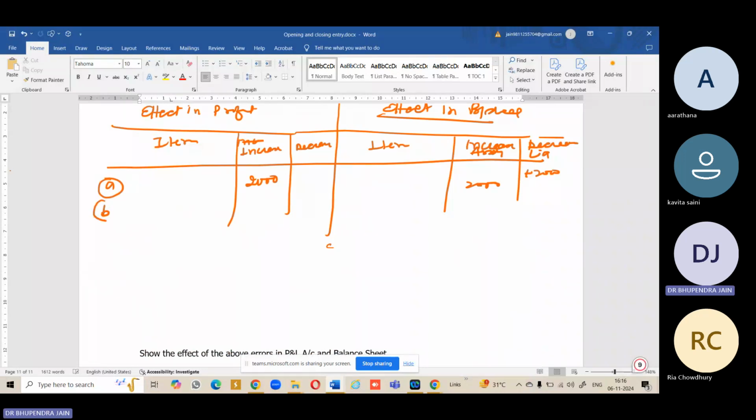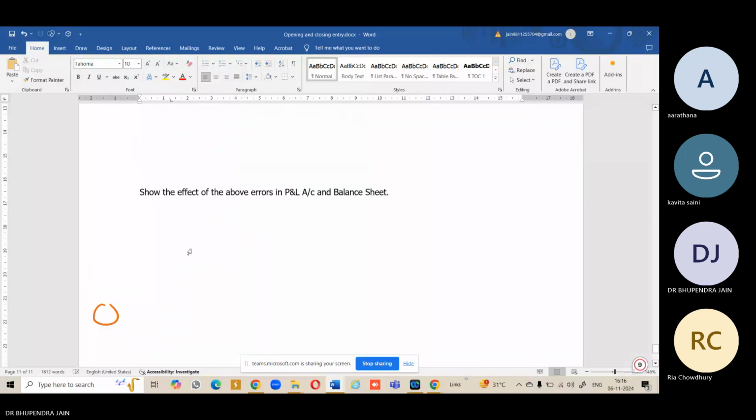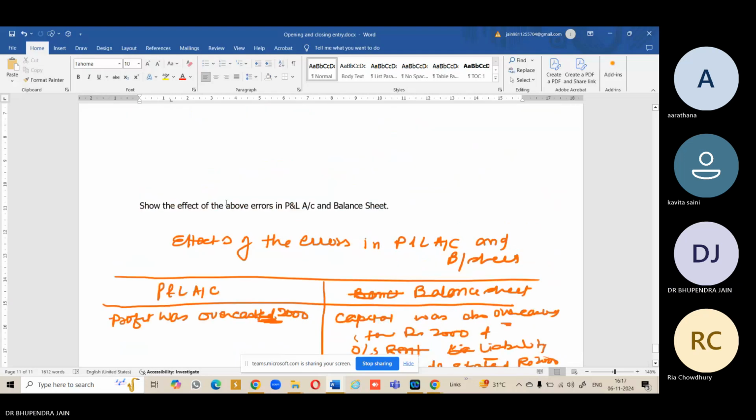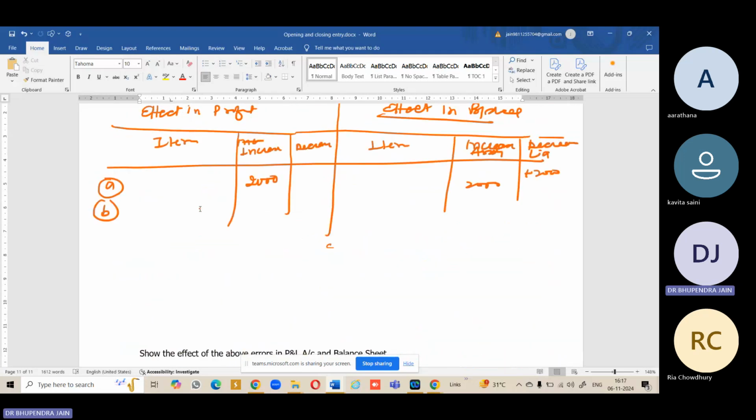Let's see B. Gross profit and net profit was undercast by rupees 1,000, and capital was understated by rupees 1,000. So decrease 1,000, or decrease the liabilities by 1,000, whenever we increase the capital. This is the reverse side amount, so we write it on the negative side.